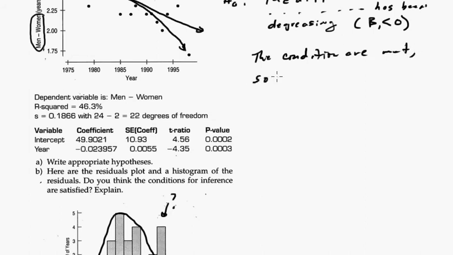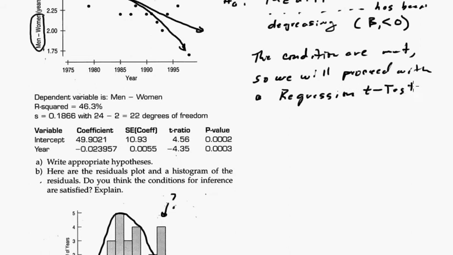So we will proceed with what we're going to call a regression t-test, and the computer printout tells us 22 degrees of freedom.